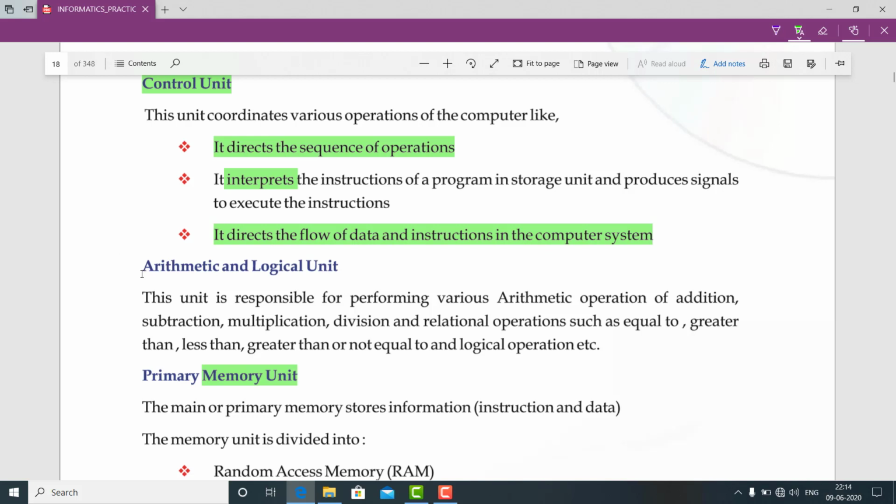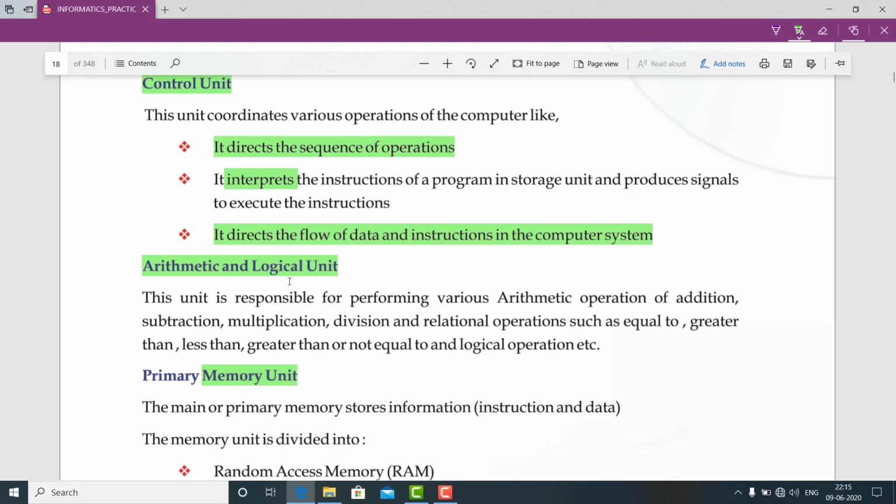Now we will come to the next unit, that is the ALU. What is the ALU? It means arithmetic and logic unit. So you know about arithmetic. In arithmetic, we know which type of operations we can perform: addition, subtraction, multiplication, division, and modulus.